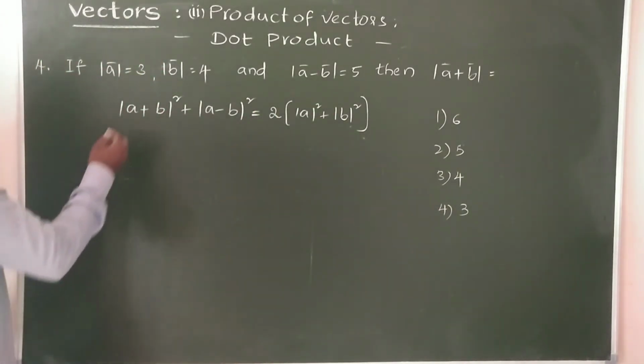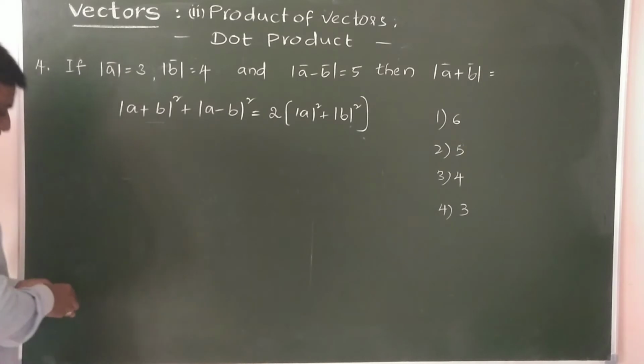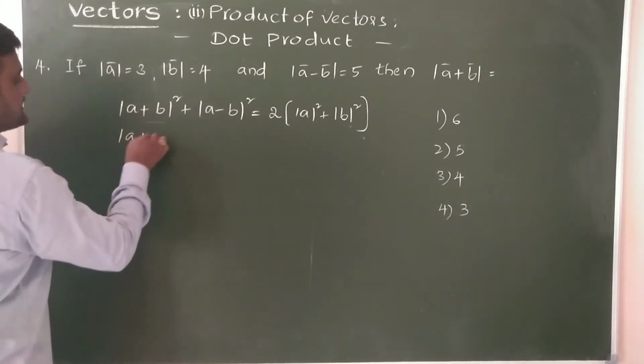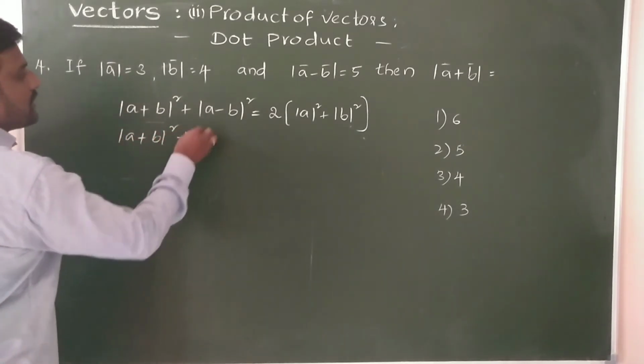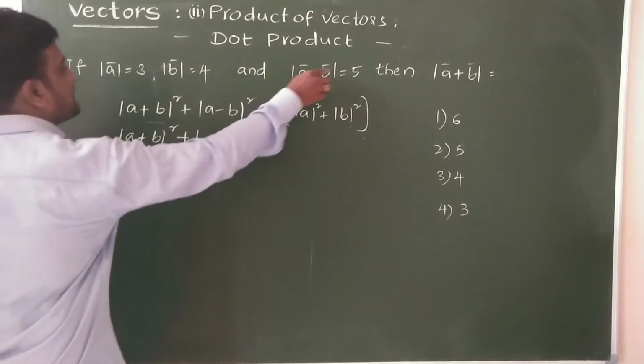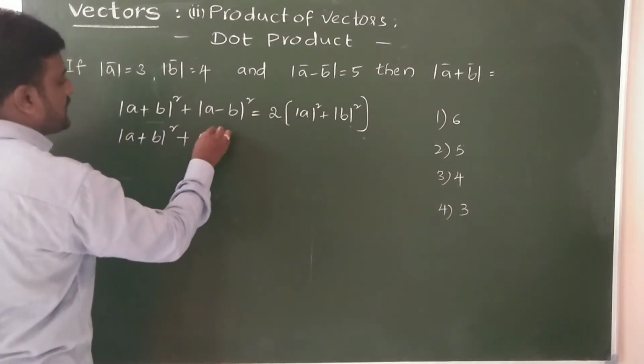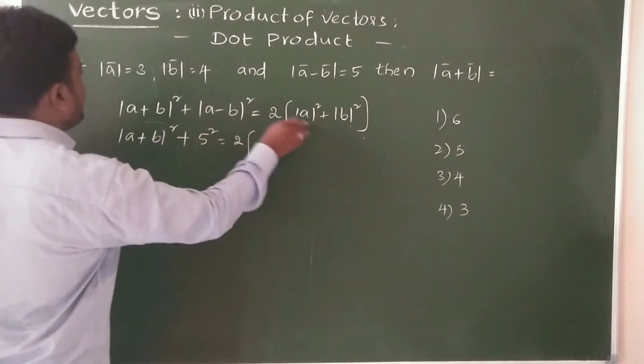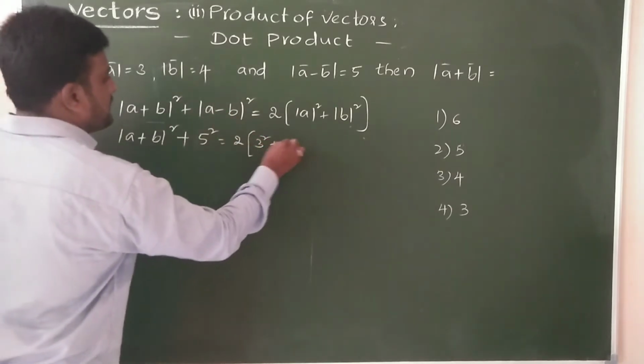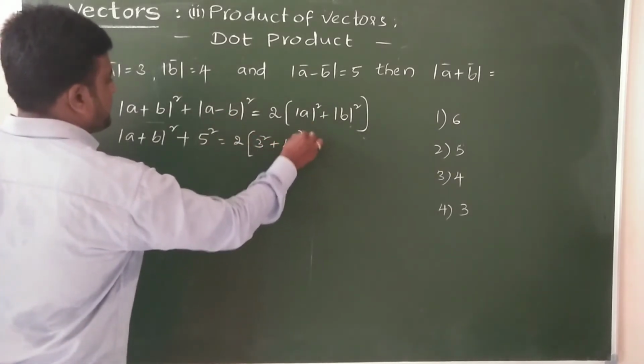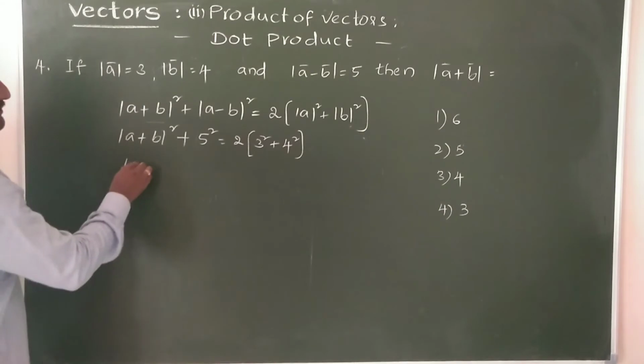We need actually this one. Let it be as it is, write it. Then mod A minus B whole square equals what? 5 square. Then 2 into mod A, which means 3 square, and now 4 square. Let us simplify.